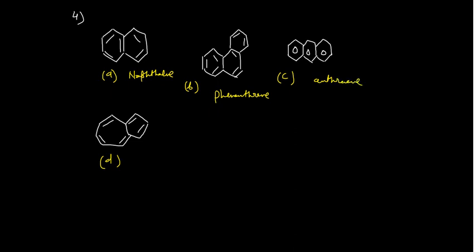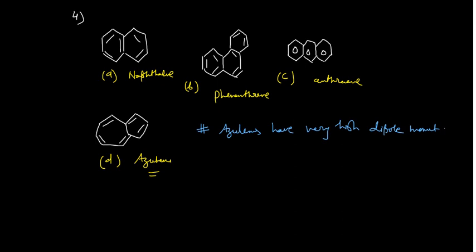Okay, and this is the last species, and that last species is your azulene. And in various textbooks, you can find a straightforward question just like that. Azulenes have a very high dipole moment. This you should know. Azulenes will have a very high dipole moment.